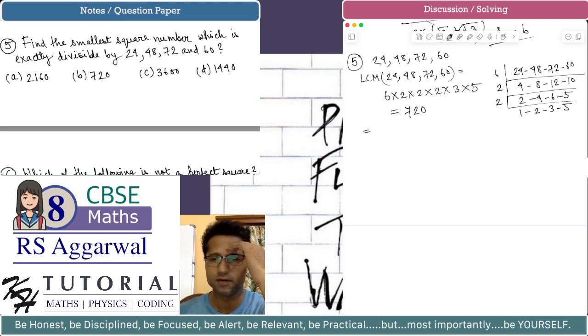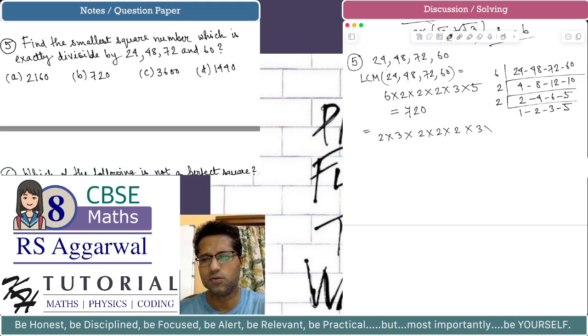Now from this number 720, we have to see what is the least number that we can multiply with 720 so that it becomes a perfect square. So the prime factors are 6, which is 2 into 3, and then 2 into 2 into 2, and then 3 into 5.